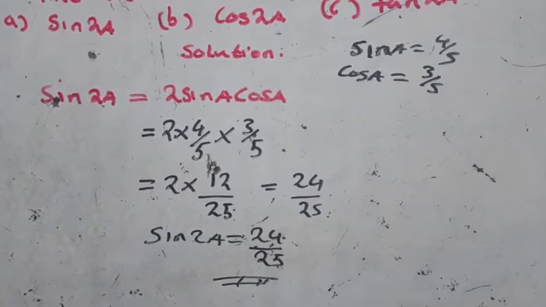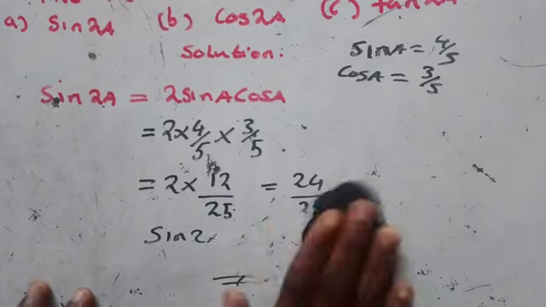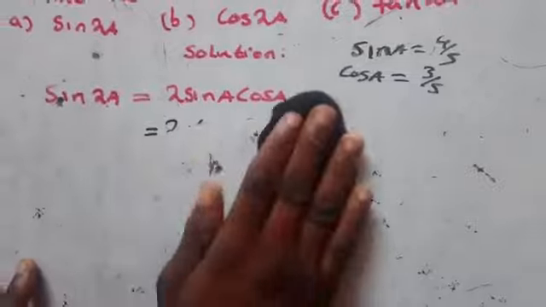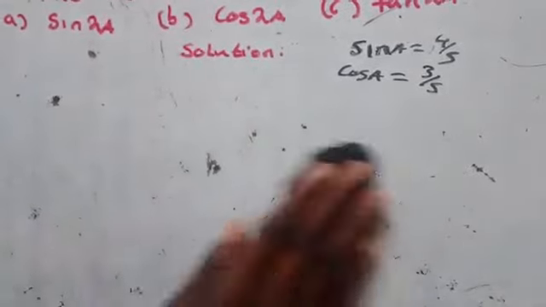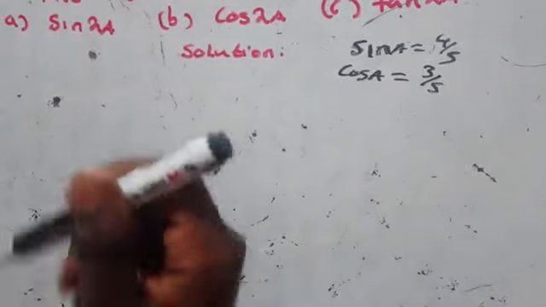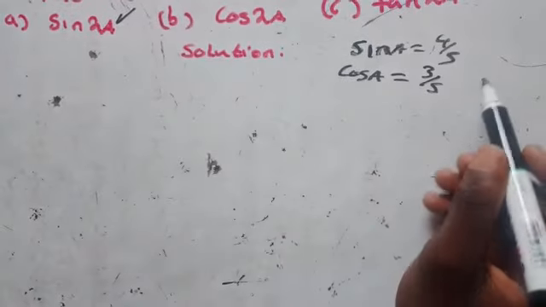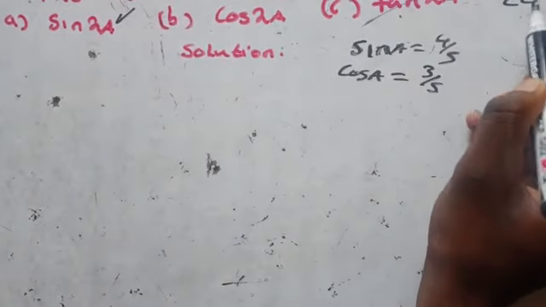So let's now find what cos 2A is, because we have 3 questions. We have only found question A, which is sin 2A, and we found that the answer is 24 over 25.